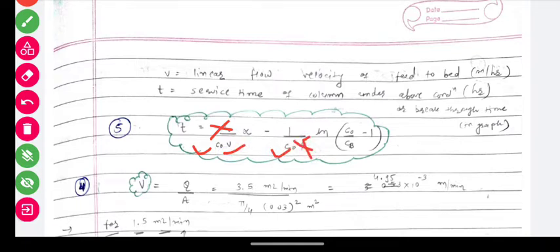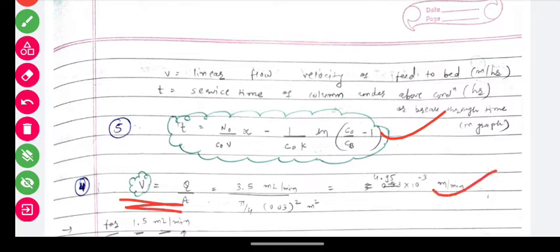K, C0, CB you have: CB is your breakthrough, and C0 is your initial. So N0 and K are the two unknowns you have to find out. Rest everything, like velocity, is not a big deal. Velocity is Q by A, flow is given, and area is pi by 4 d square because diameter is given. You just have to find out N0 and K, and for that you have to plot the graph.